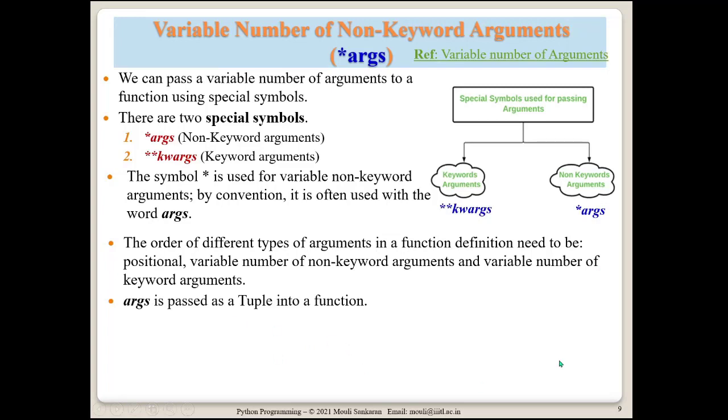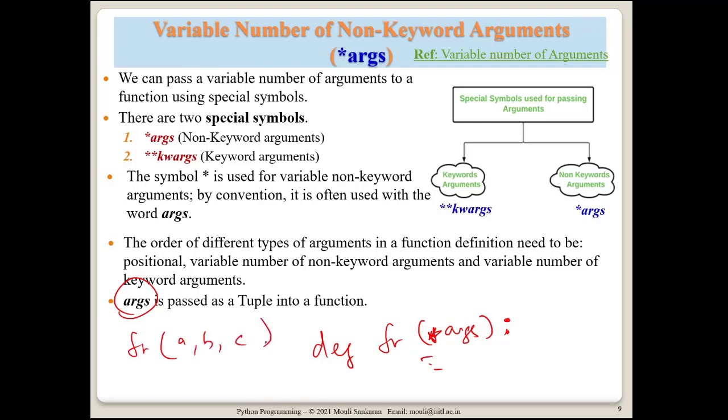Now, how do args get passed to a function? Suppose I have a function which is just having args, assume that. Okay, this is not a semicolon. Now when I have a function definition like this, I am calling this function with a comma b comma c.